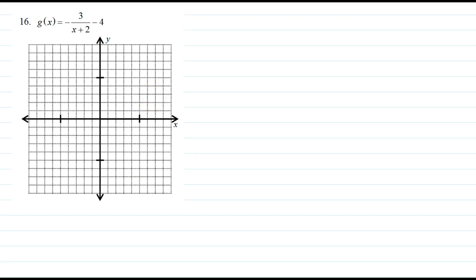Alright, one of the things you've got to be careful with on this graph is we have this negative, so it's going to invert our final graph. I'm not going to draw the parent function on this one. I'm going to just start with the vertical asymptote. Okay, so when this equals 0, that's going to be x equals negative 2. So let's go ahead and draw that.